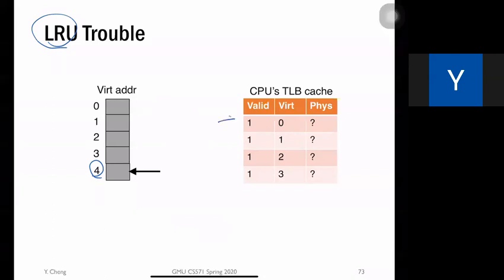Well, it should be this one, right? This is the least recently used entry, so it will go ahead and evict the very first entry. Now 0 is the least recently used item in the TLB, so evict it and replace it with this newly updated information, which is virtual page number 4. Okay, replace 0 with 4.